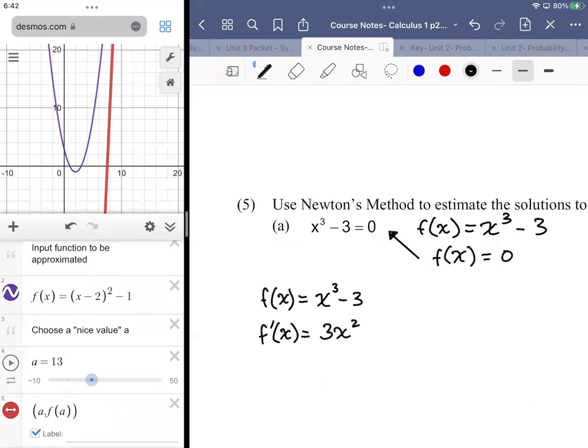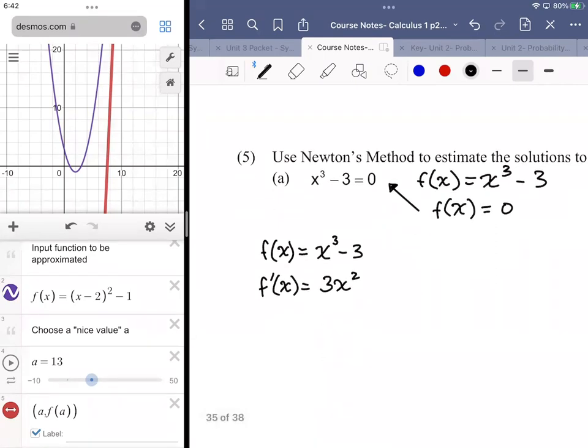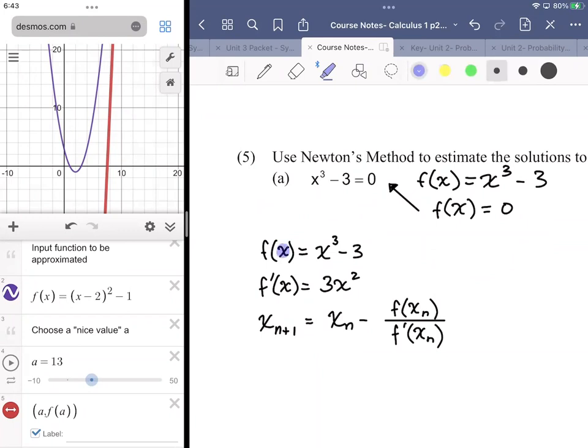When I want to create my recursive model, I'm going to have x sub n plus 1 is equal to x sub n minus f of x sub n over f prime of x sub n. And all that's telling me to do is replace each x value, whether it's in the original function or the derivative, with an x sub n.